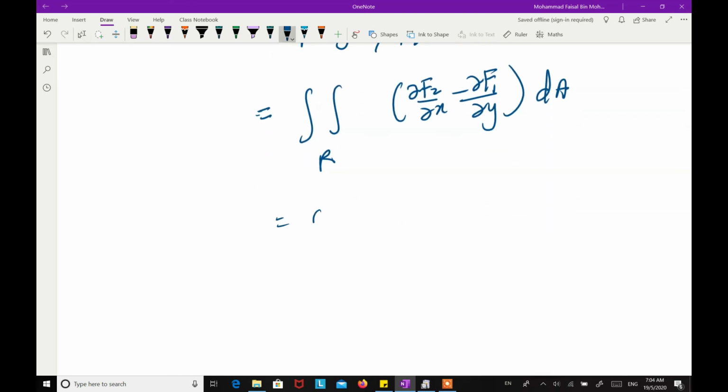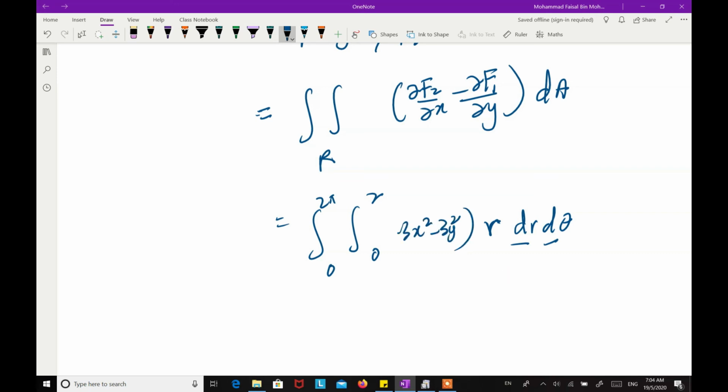So this is the integral from 0 to 2, 0 to 2 pi, r dr d theta. Remember, don't change the order. For your syllabus, just remain as r dr d theta. For cylindrical, r dz dr d theta. So in this case you have negative 3x squared minus 3y squared. Why?